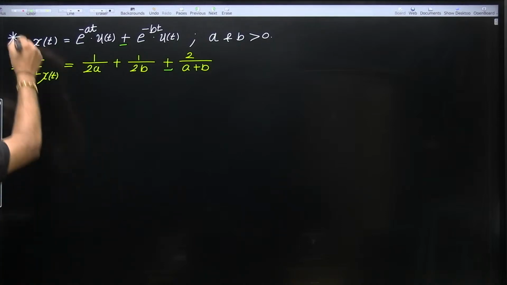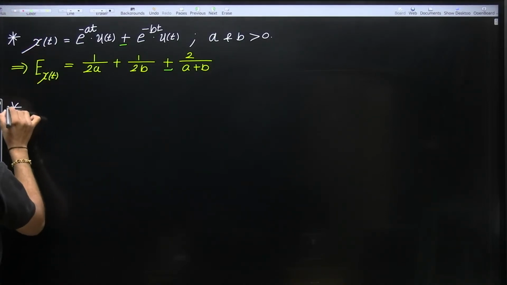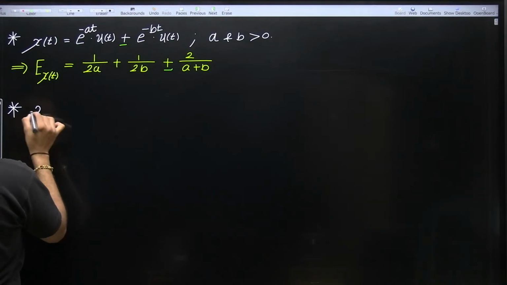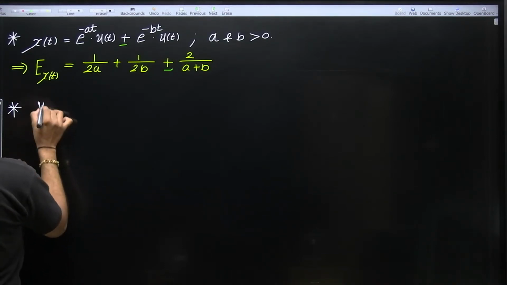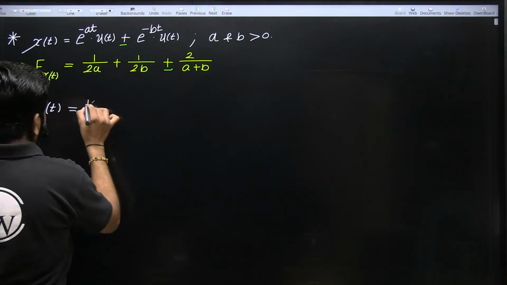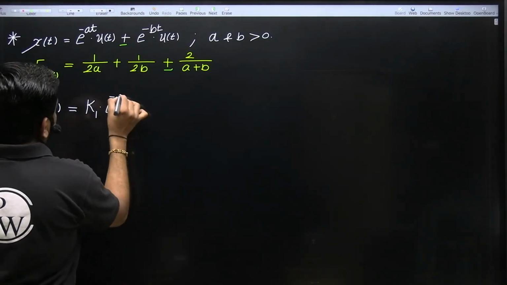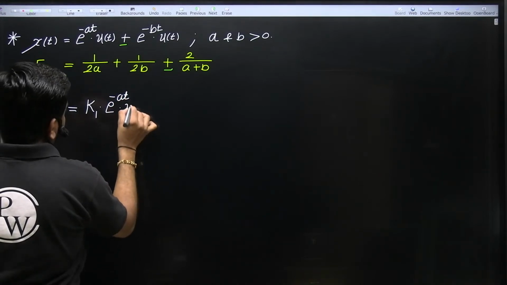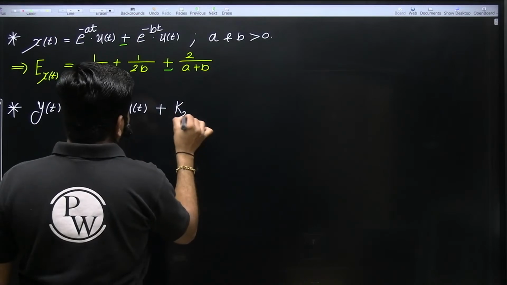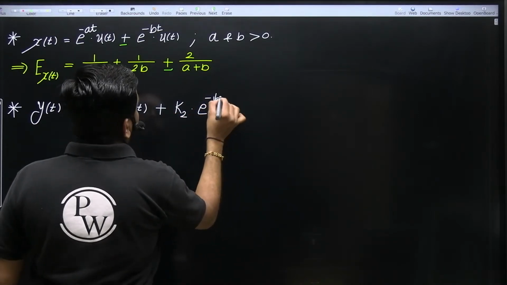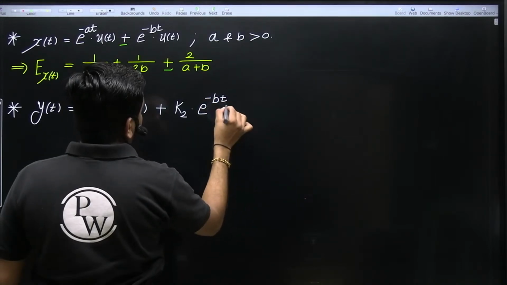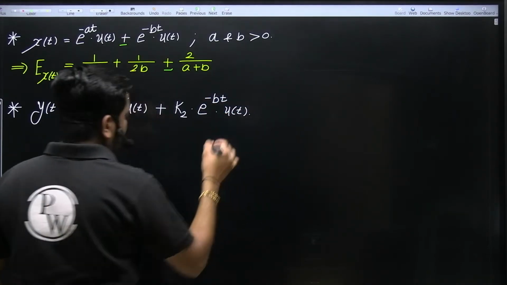Okay. Similarly, suppose I am now writing the amplitude scaling property. Let us consider one more signal, y(t) = k1 e^(-at) u(t) + k2 e^(-bt) u(t). Amplitude scaling, correct?